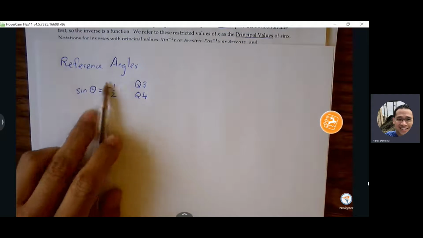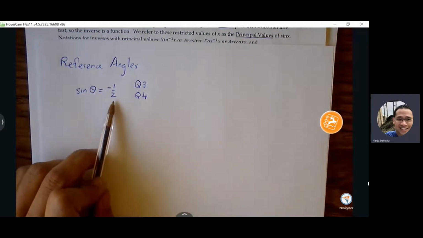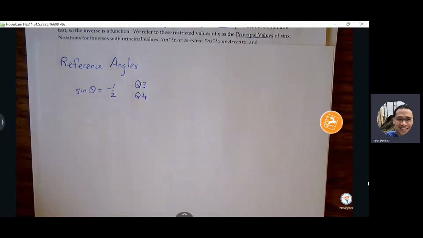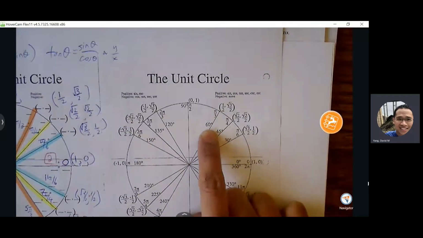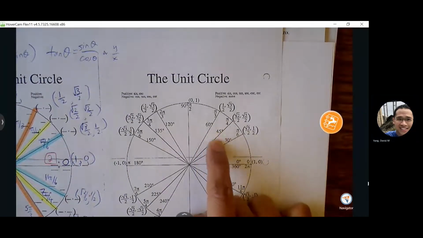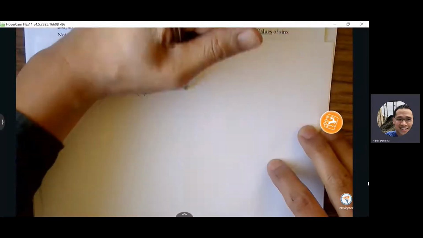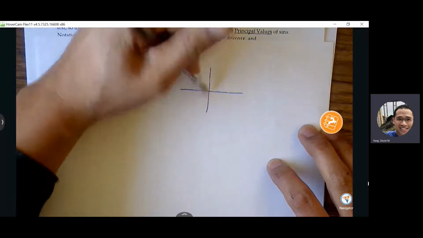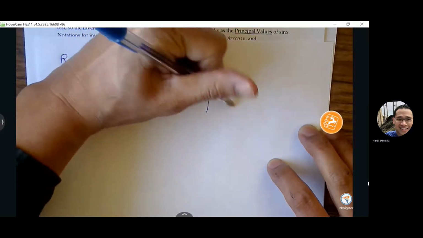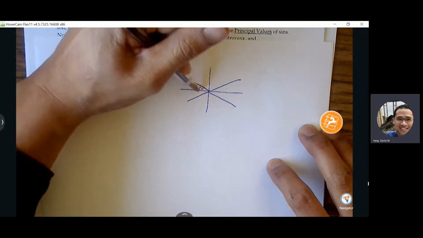And these are all going to be variations of what? Sine is equal to negative 1/2. Is it variations of 30 degrees, 45, or 60? 30, right? So that's the thing that we want to make sure that we understand: when we talk about reference angles, it's always going to be these measures that are closest to the x-axis, right?